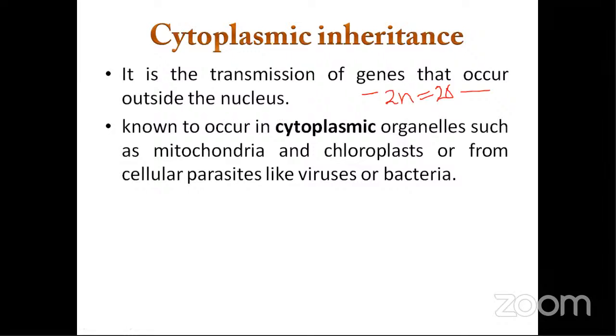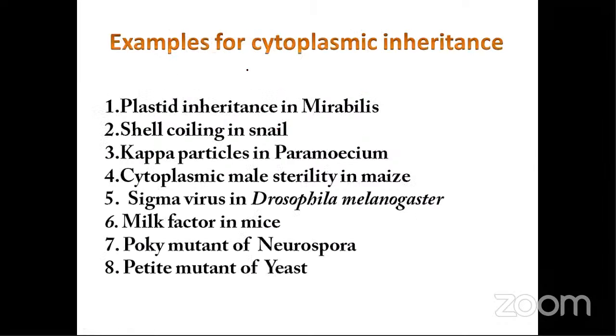Okay, so there are various examples of cytoplasmic inheritance mentioned in this point. I want to add a few things, which I'll be discussing later on. Okay, so let's go through the examples of cytoplasmic inheritance.